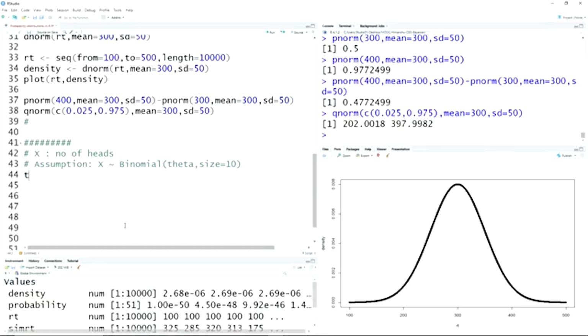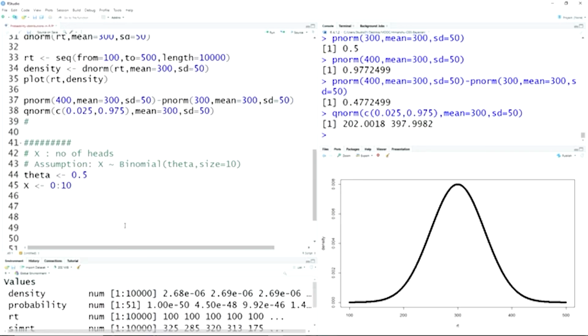So, first we need to fix theta. So, let us say we fix theta at 0.5, okay, and let us draw the graph. If you fix theta at 0.5, then we want to draw a graph for different values of x. So, let us take different values of x. What values can x take? Number of heads? It can take any value between 0 and 10.